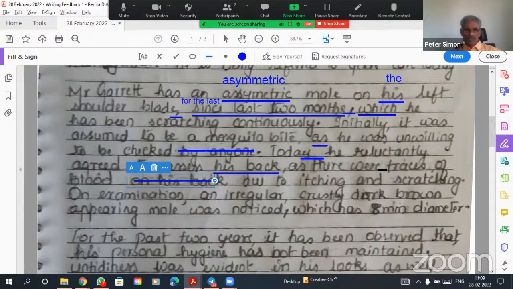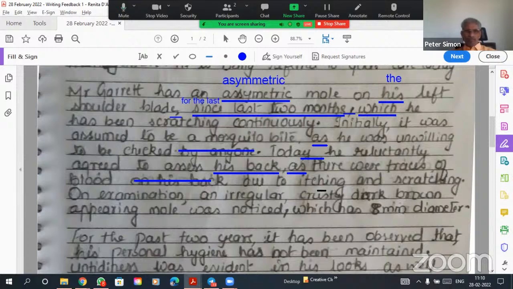As there were traces of blood, you are overusing as. Here is as, you can say since, because, therefore. Here as and here as, two times as. Don't overuse conjunctions. Use different ones, don't use the same thing.